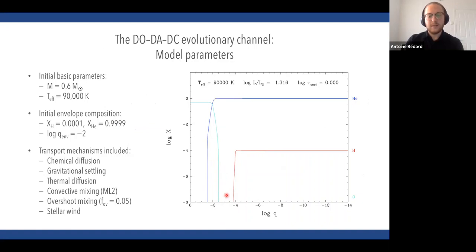So I don't include nuclear burning, but my initial chemical profile takes that into account, and the fact that diffusion will make it go deeper afterwards. It's true, but it's not included in the calculation.